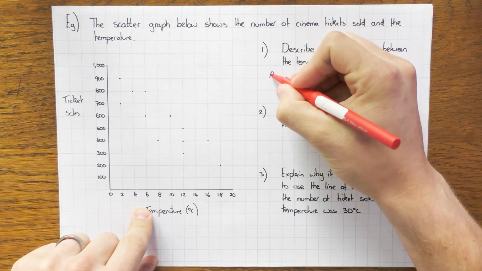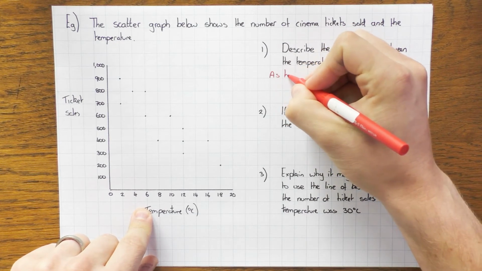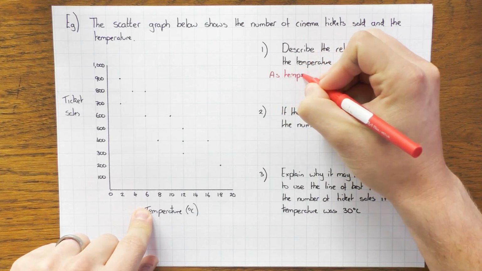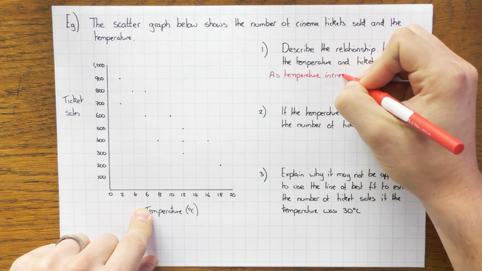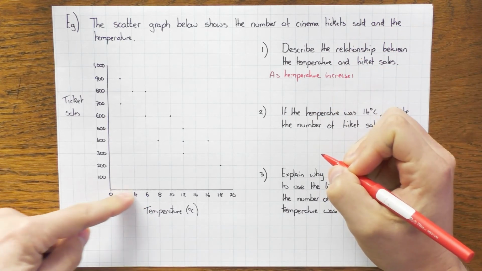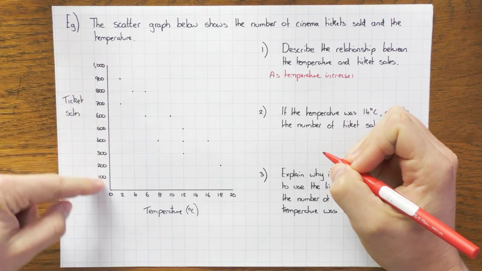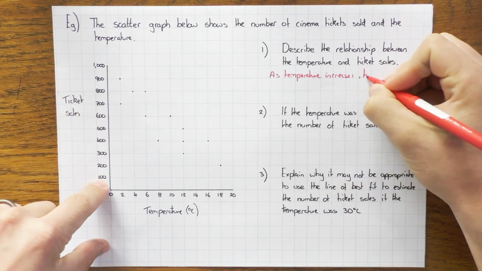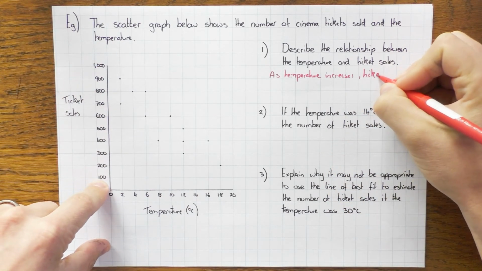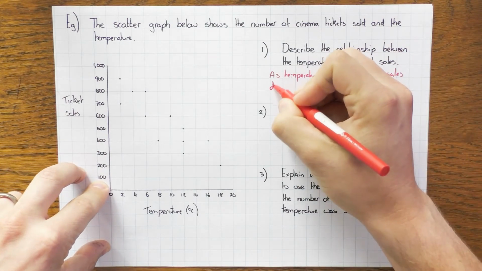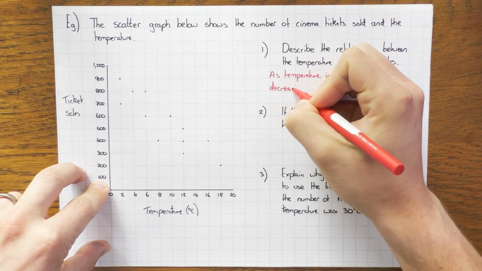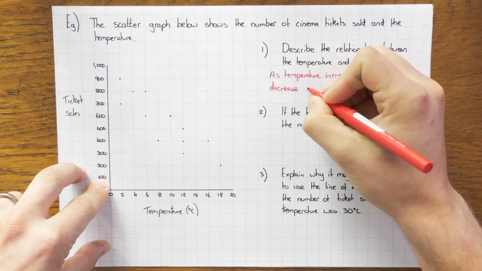So as temperature increases, ticket sales decrease. And then you can put your negative.